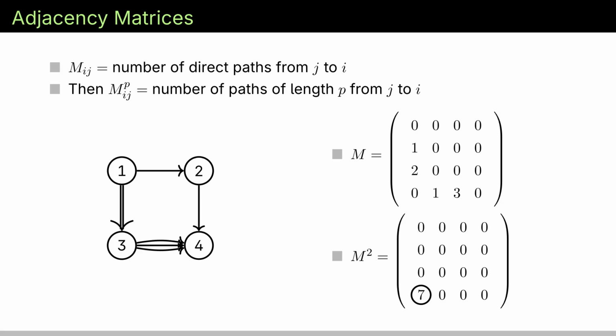This entry is the sum of the products of these two elements and these two elements, representing the two possible routes. In the first case, there's only one possible way of getting from vertex 1 to vertex 4 via vertex 2 in 2 steps. In the second case, we can choose from each of 2 possible edges from vertex 1 to vertex 3, and then we can choose from the 3 edges from vertex 3 to vertex 4.